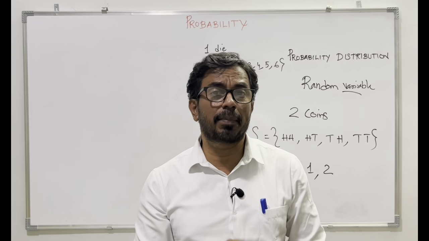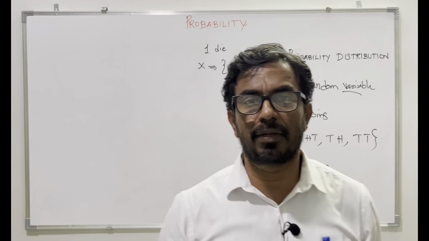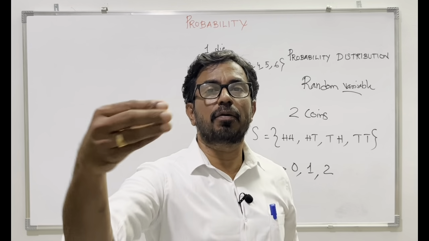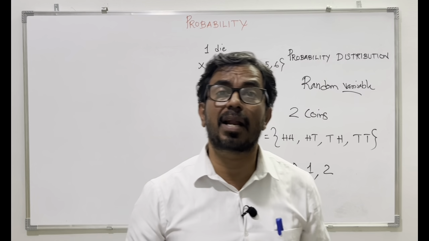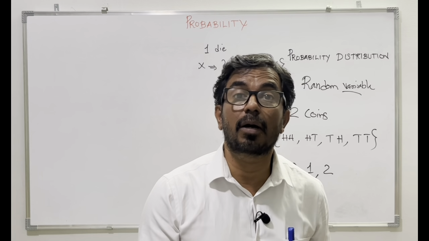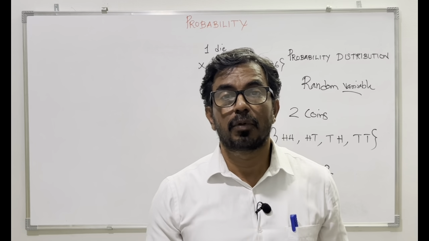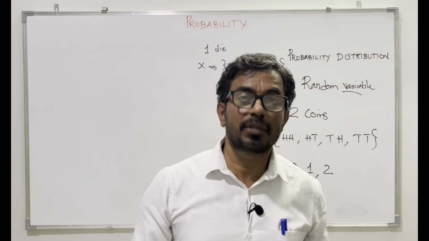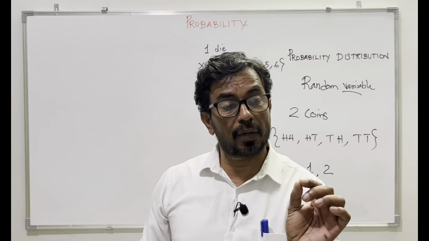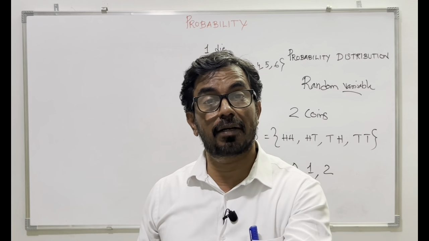You should also remember that a random variable can be a discrete random variable or a continuous random variable. What is a continuous random variable? Suppose you are thinking about the height of a child studying in class 10. We may start counting from maybe 160 centimeters till 180 centimeters. Do you think these values are discrete? After 160, will it become 161 for the next child, or 162?